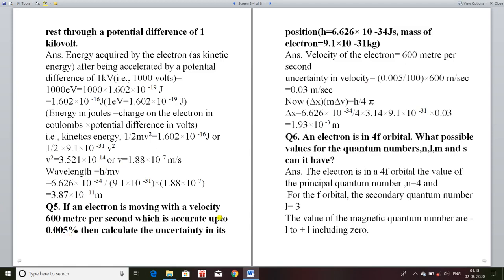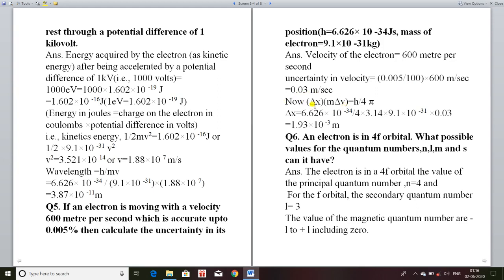So we can write it in this way: 0.005 divided by 100 times 600, because velocity of electron is given, which is 600. Accuracy is 0.005%, so for that we divide it by 100. Now it is equal to 0.03 meter per second.